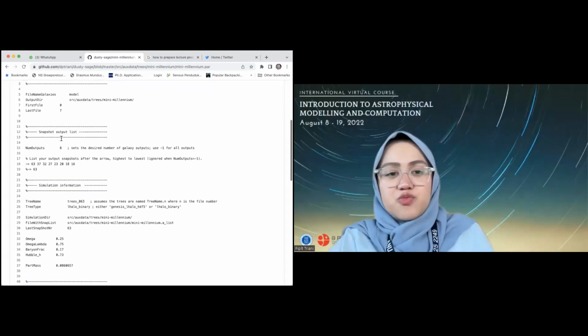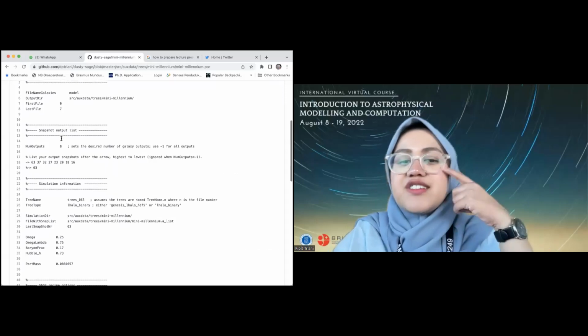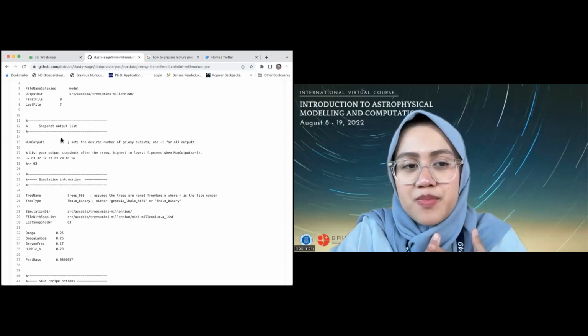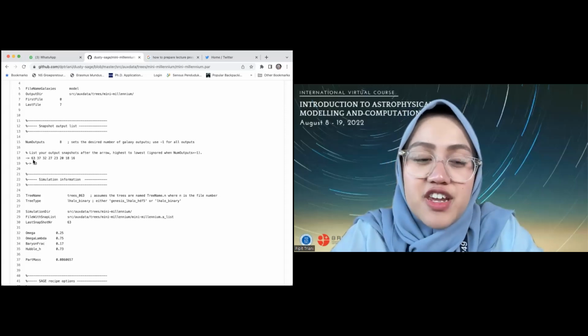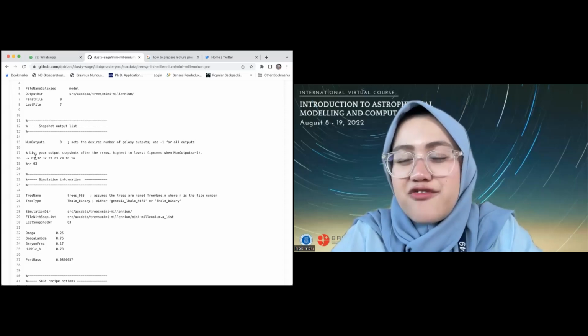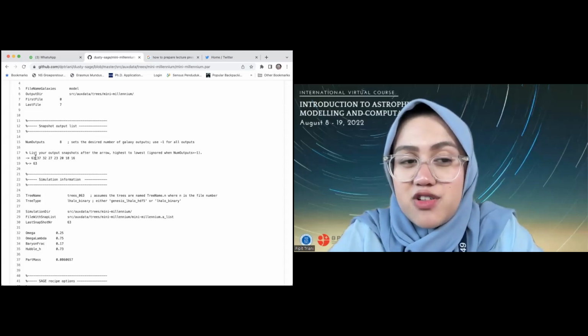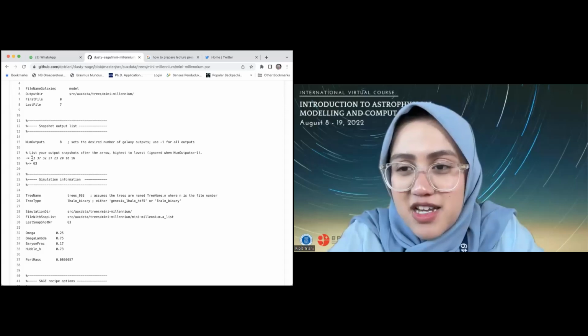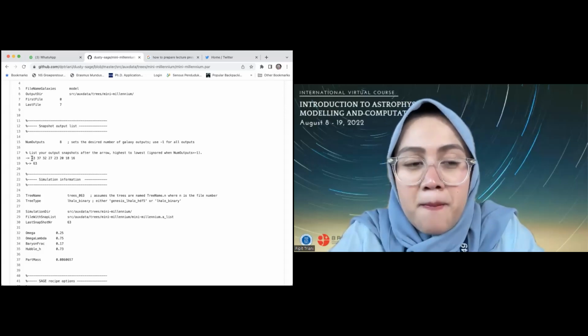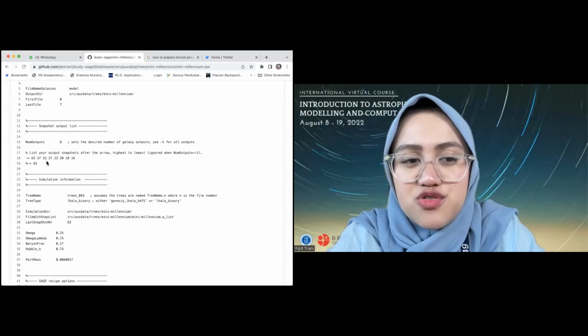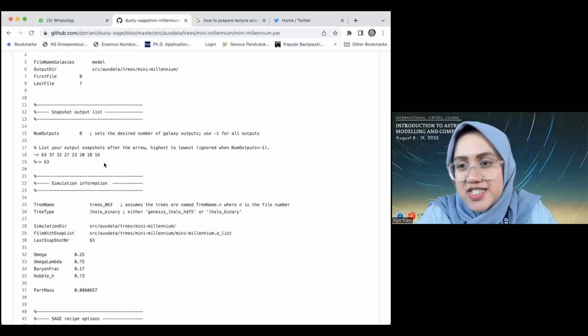The number of outputs here sets the desired number of redshift outputs. There are 64 snapshots in the mini millennium simulation, and the last snapshot is redshift 0. By default I set 8, and it shows redshift 0, 1, 2, 3, 4, 5, 6, 7.